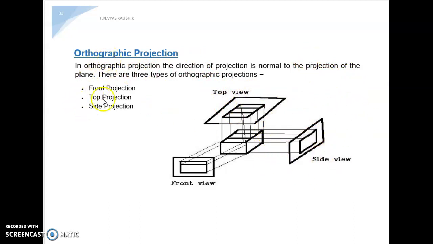We saw there is front projection, top projection, and side projection. If the front side of the object is projected onto the front plane, it is known as front projection. Similarly, the top projection and the side projection. In orthographic projection, the one thing you need to remember is that the projecting line is normal to the projection plane.